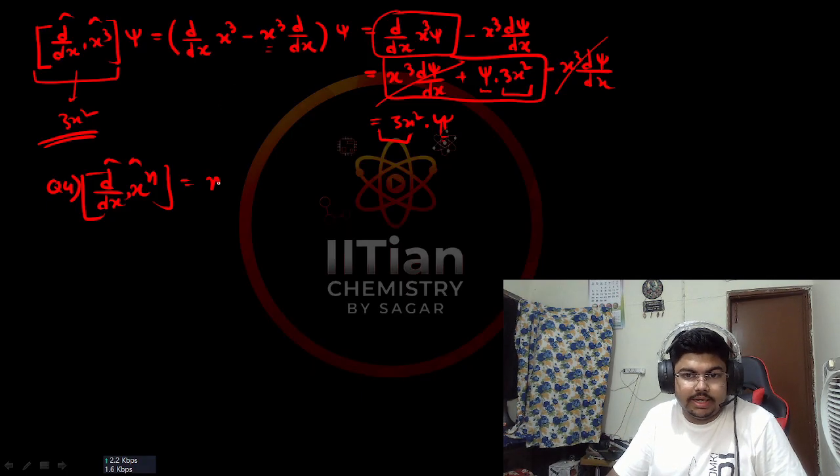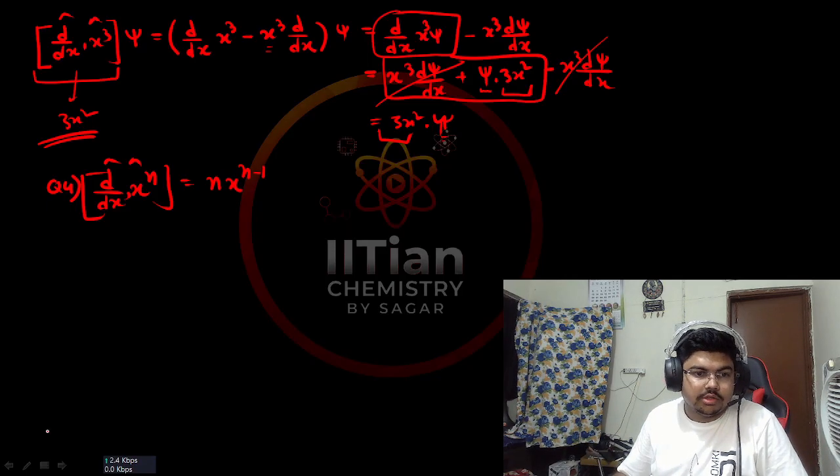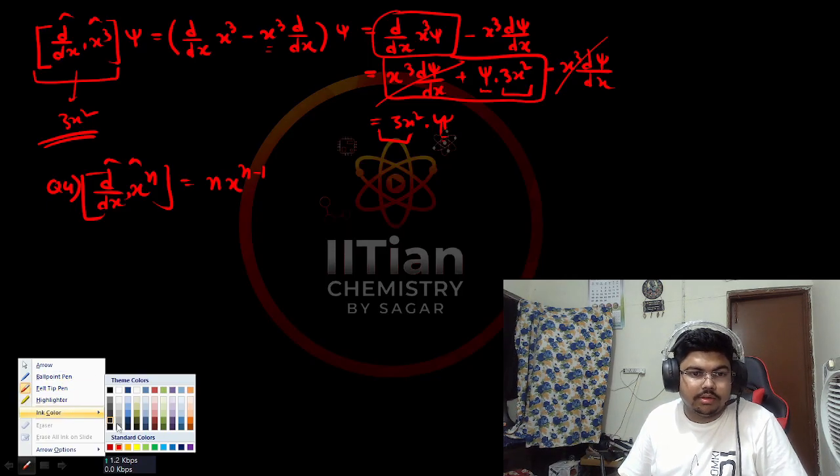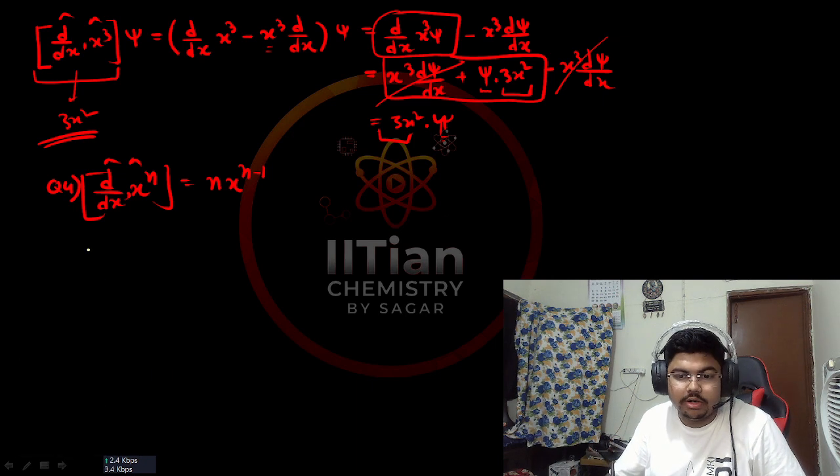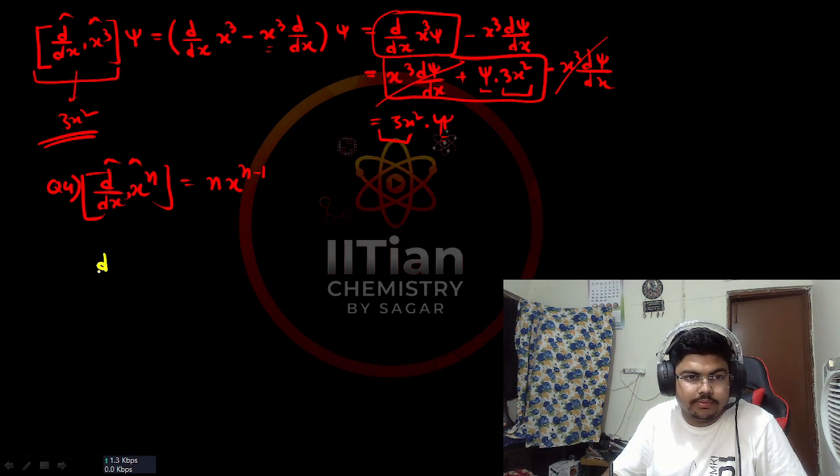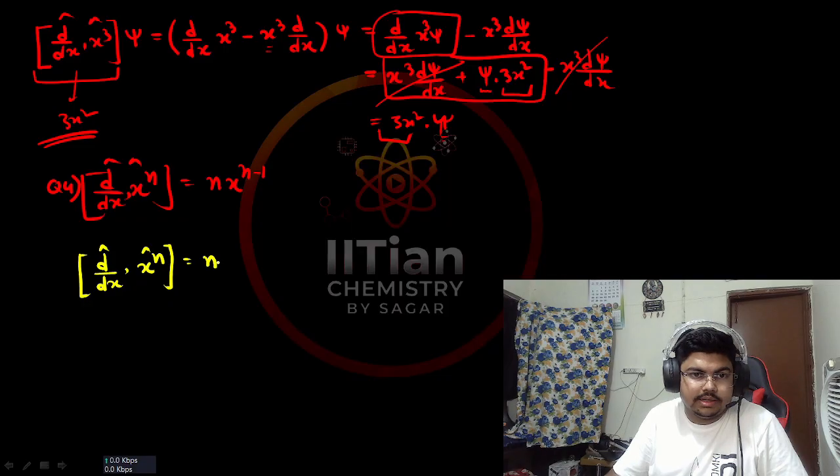So it will be n x to the power n minus 1. So we are getting one very important formula, you have to recall it: the commutator of the d/dx operator and the x to the power n operator results in n x to the power n minus 1.